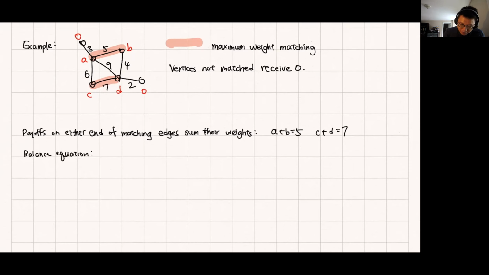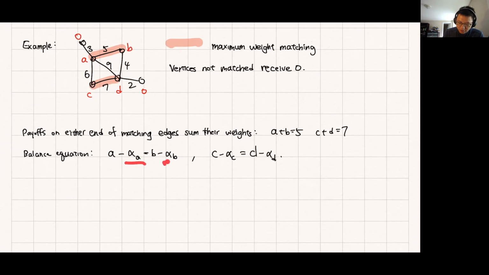So in this case, if you look at A, the payoff, so if you look at this edge here, A minus the outside option for A is equal to B minus the outside option for B. And the same thing for the other one, C minus the outside option of C is equal to D minus the outside option for D.